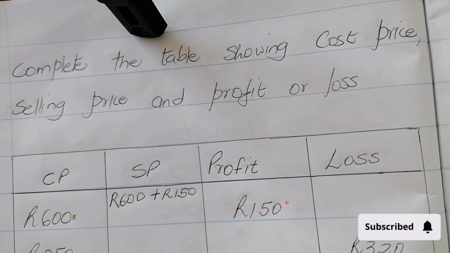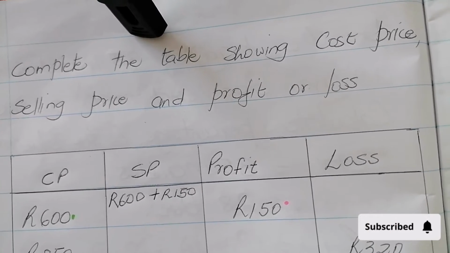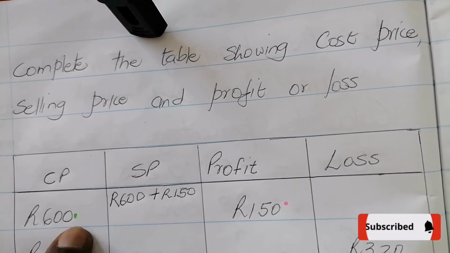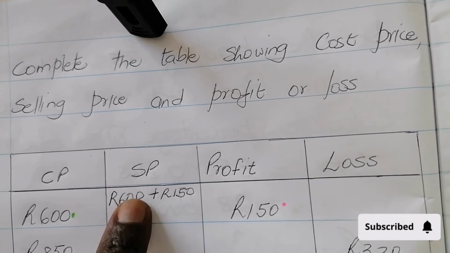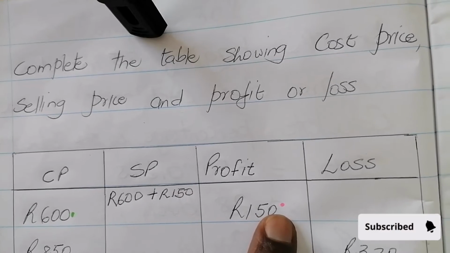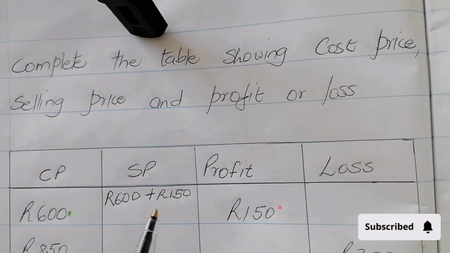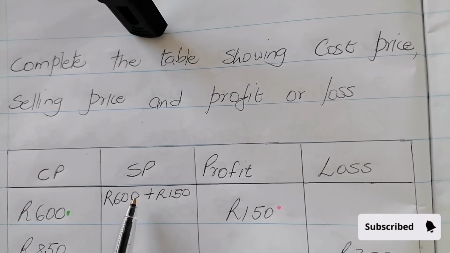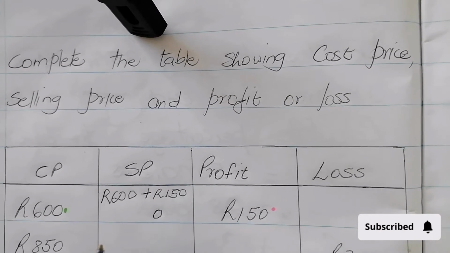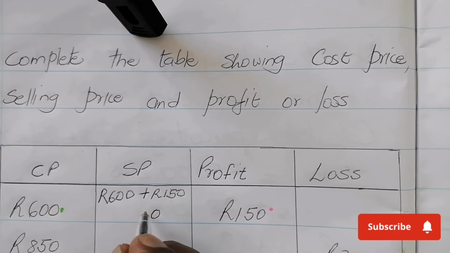So what we have to calculate there is the selling price. What we're gonna do there, we're gonna add the cost price, which is 600, plus the profit, which is 150. So how much is it? Let's go there, and then we add the units together. 0 plus 0, 0. 0 plus 5, 5.